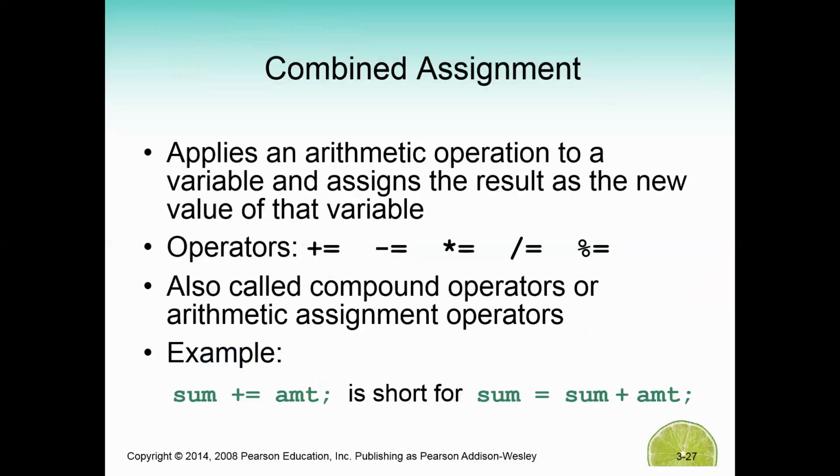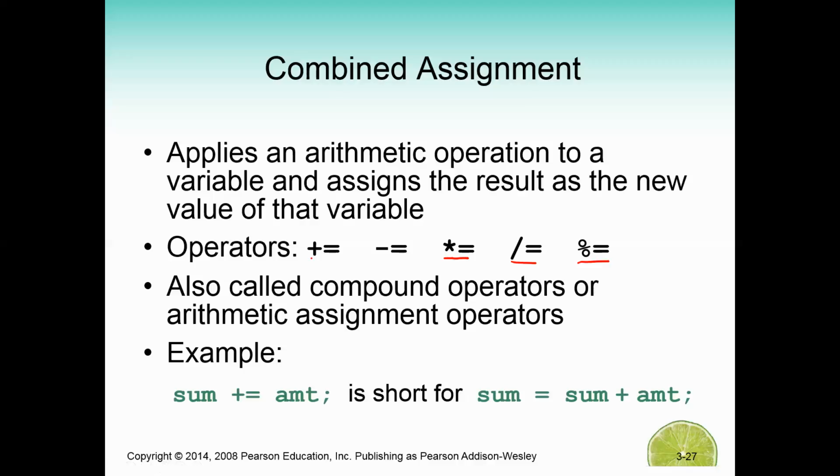The combined assignment operator. Now we're going to have two operators. We can have a plus and the assignment operator, the minus and the assignment operator, the asterisk and the assignment, the division and the assignment, the modulus and the assignment.